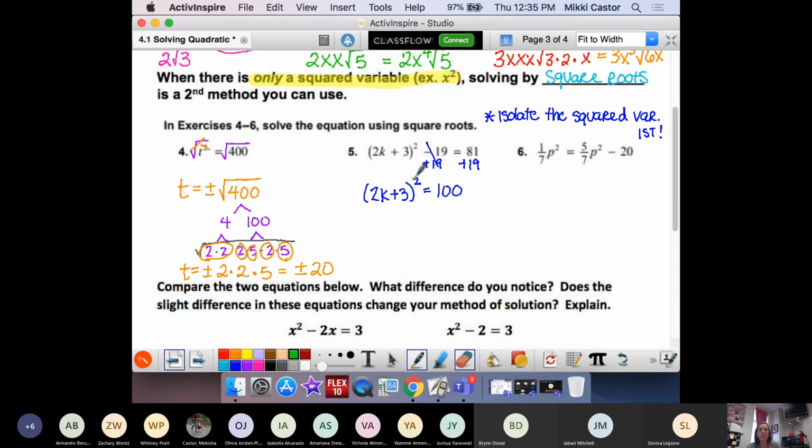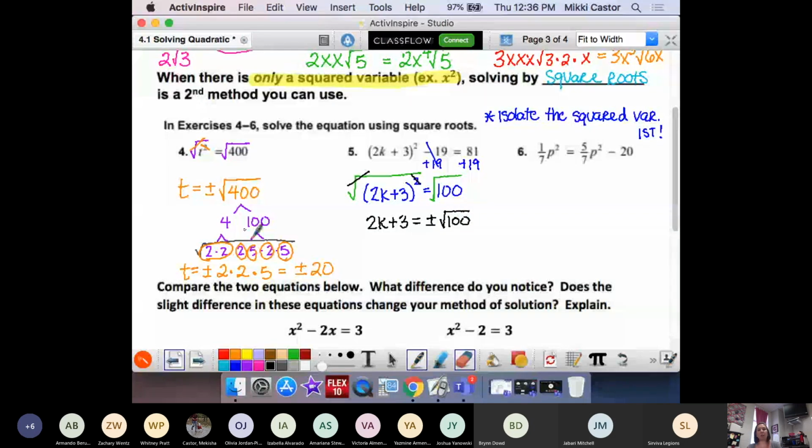Now that the square is by itself on one side of the equation, we can do the square root on both sides of the equation. So my square root and square cancel out over here, and I'm left with 2k plus 3 equals, we put plus or minus and the square root of 100.